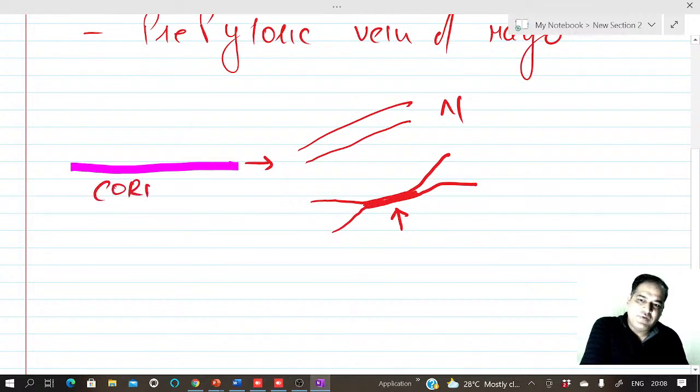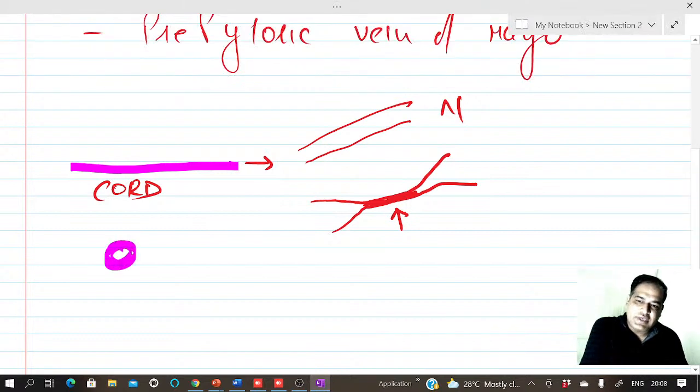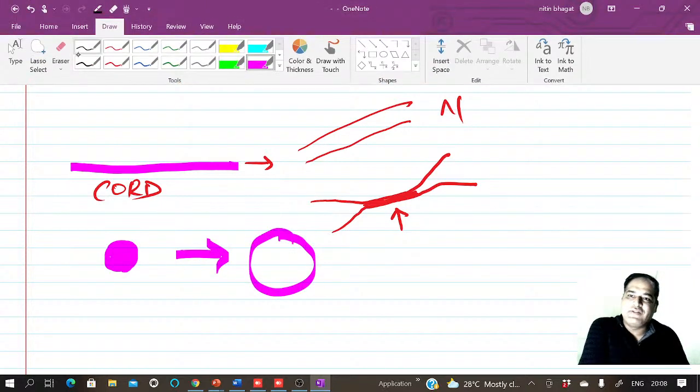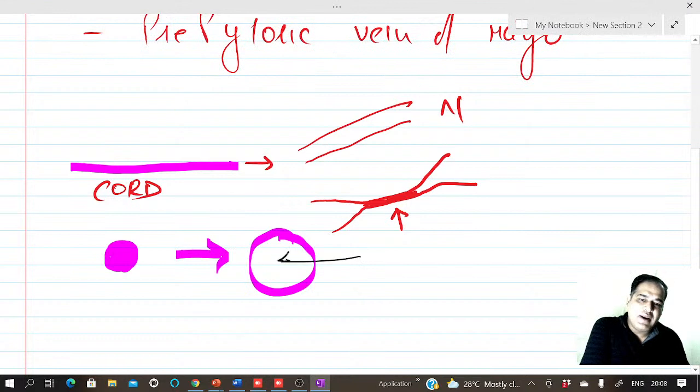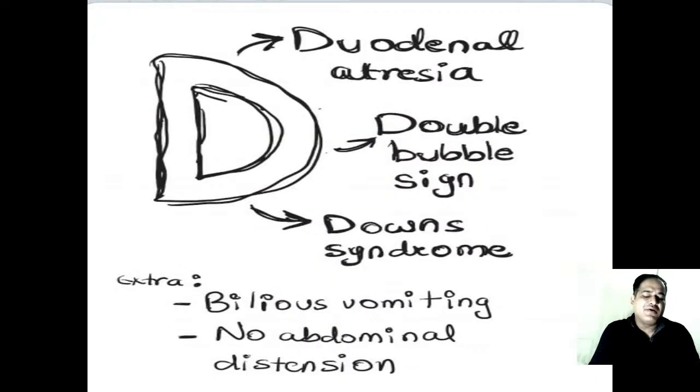Previously this is cord-like, then it becomes a tubular structure. So the cross section first appears like this, then the cross section becomes like this. That means a lumen develops. So failure of development of the lumen is also called failure of canalization.